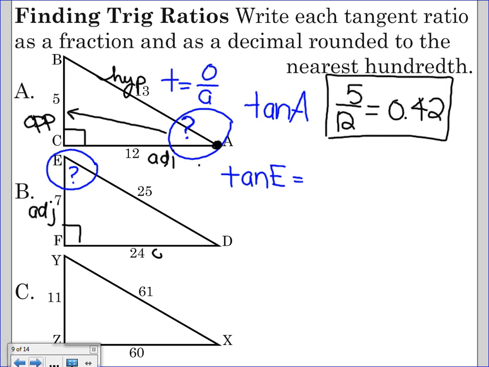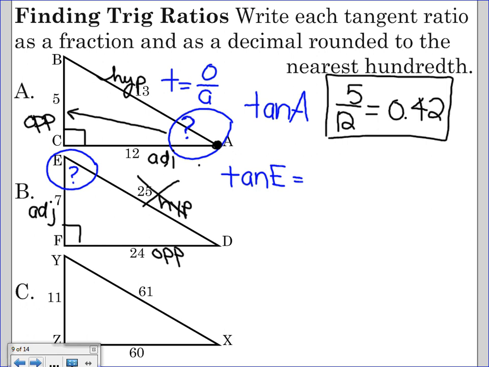It's the one that does not touch the angle. 25 would be representative of the hypotenuse. So what information don't we need here? Do we need the adjacent side? Do we need the opposite side? Do we need the hypotenuse? No, so we're not going to deal with this.